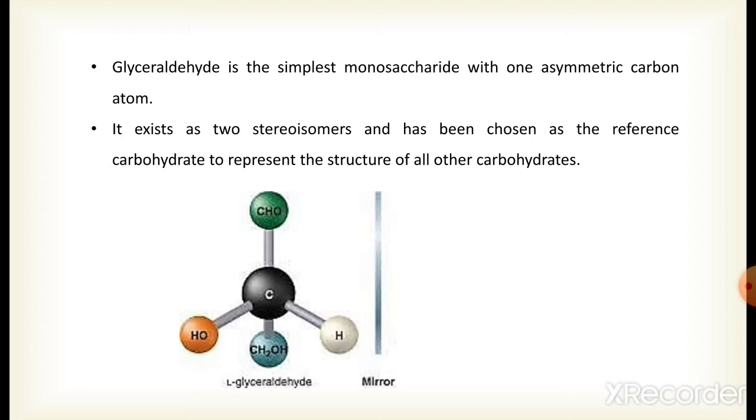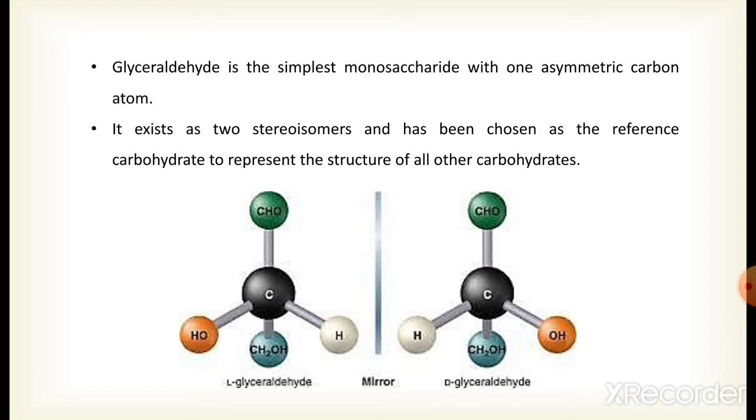Now look at this figure. In glyceraldehyde, carbon number 2 is the asymmetric carbon atom. In the D-glyceraldehyde form, the hydroxyl group is on the right side and the hydrogen atom is on the left side of the carbon atom. This one is the L form, in which the hydroxyl group is on the left side while the hydrogen is on the right side.